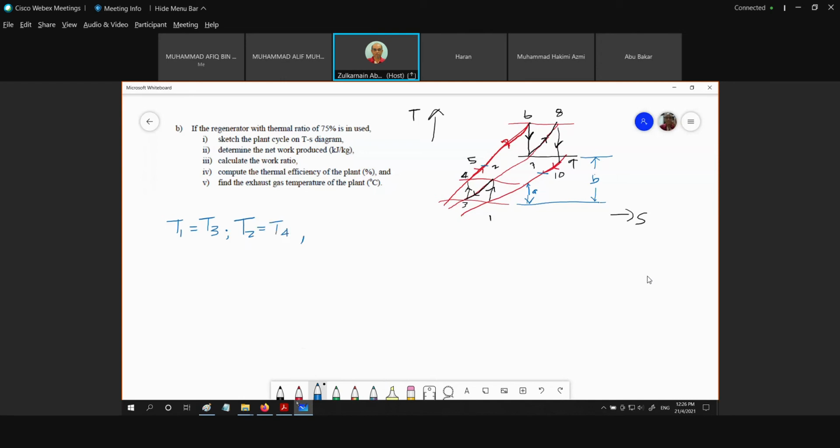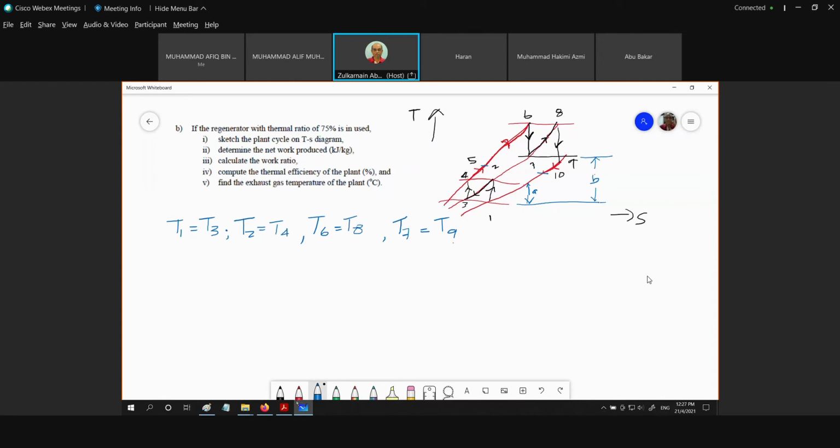And then we have the T6 equal to the T8, and we have the T7 equal to T9. So 1, 2, 3, 4, 5, not yet. And then 6, 7, 8, 9, 10. So we need to get the T5.